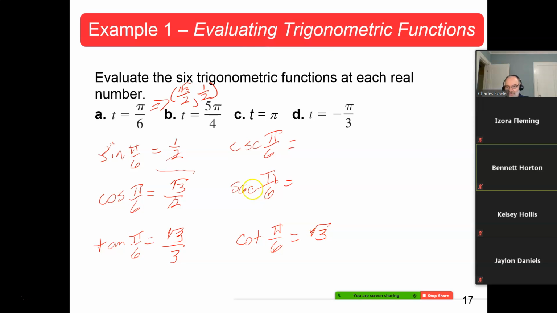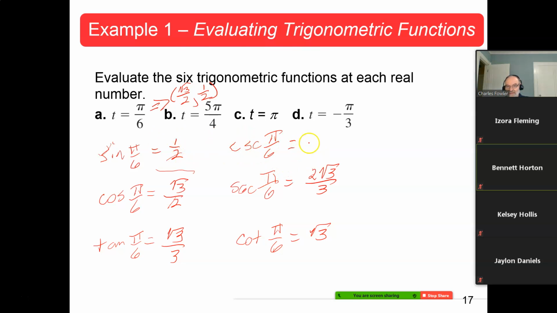Secant is the reciprocal of cosine, so this would be 2 over root 3. Just reverse the order here. 2 over root 3 would also be 2 root 3 over 3 if you multiply numerator and denominator by root 3. And then this one is real easy.